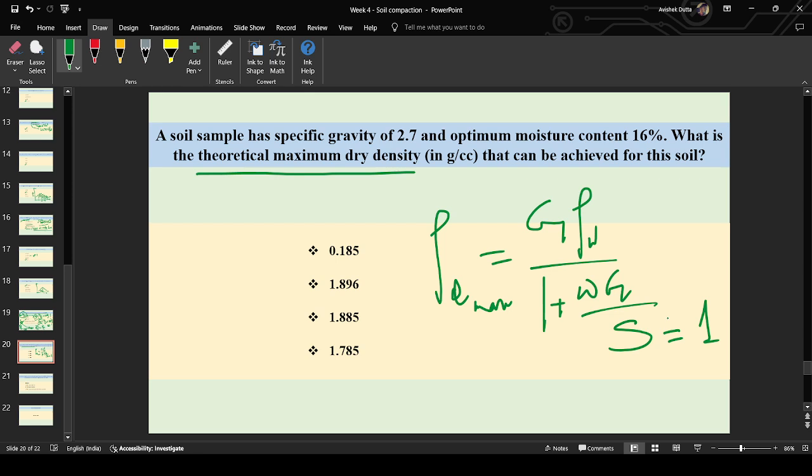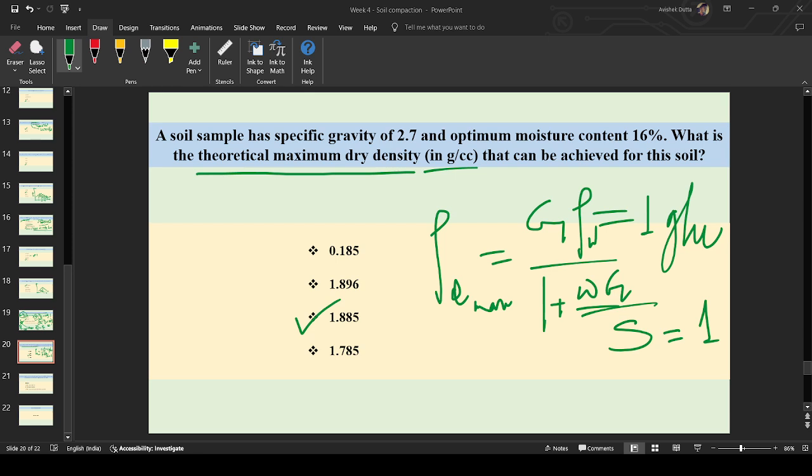Rho w is 1 gram per cc, G is given as 2.7, moisture content 0.16. Put the values, I think you will get 1.885, isn't it?